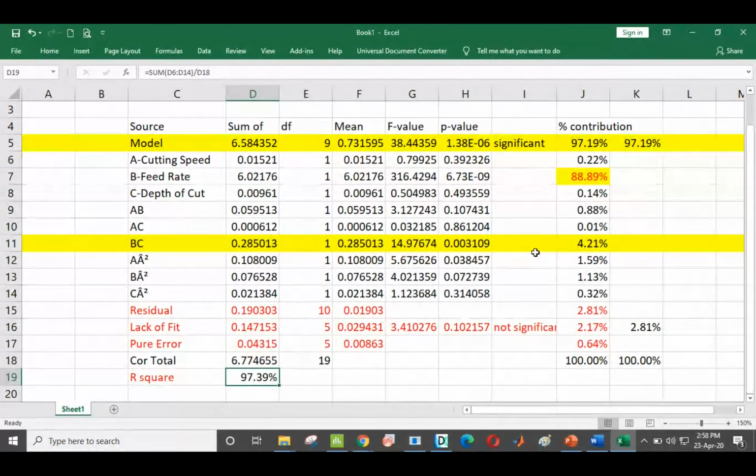So here we can see the variance between the three parameters selected. Cutting speed and feed rate, there is a vast variance. So whatever hypothesis we have, if I consider that a variance exists between the control parameters, then we have to accept. Otherwise, we have to reject.